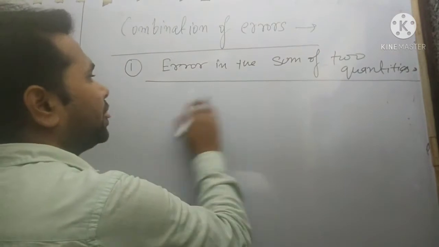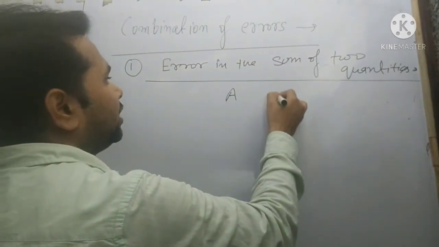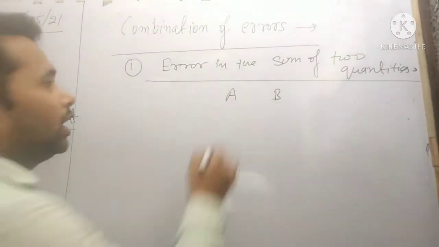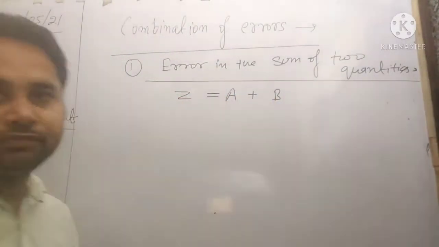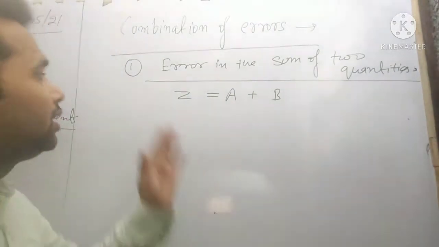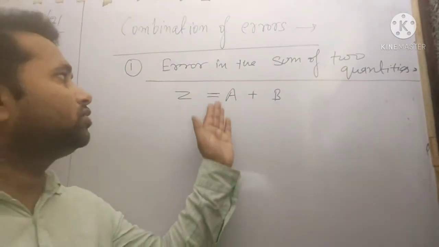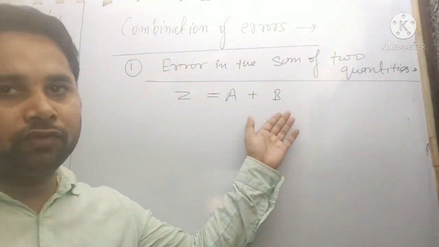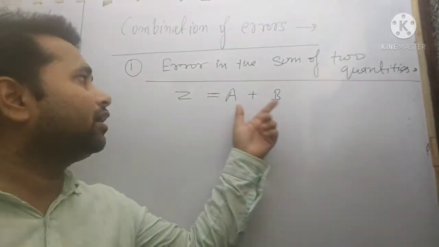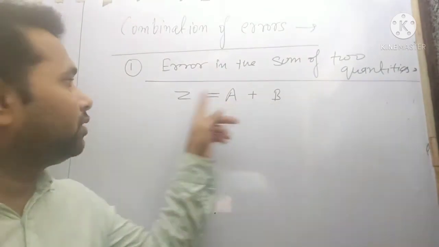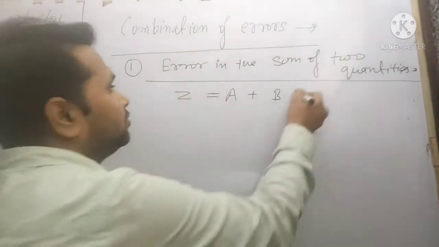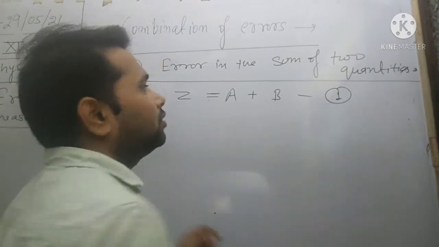For example, you have two quantities a and b, and the sum of these two gives you suppose the value z. Actually means the true values are using a and b. दो फिजिकल क्वांटिटीज हैं जिनकी एक्चुअल वैल्यू क्या है a and b, और अगर ट्रू वैल्यू यूज किया है, एक्चुअल वैल्यू यूज किया है, सो दिस विल बी एक्चुअल रिजल्ट z. दिस इज द इक्वेशन नंबर 1.